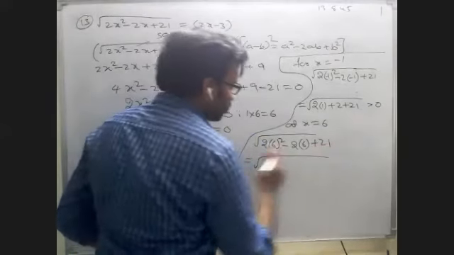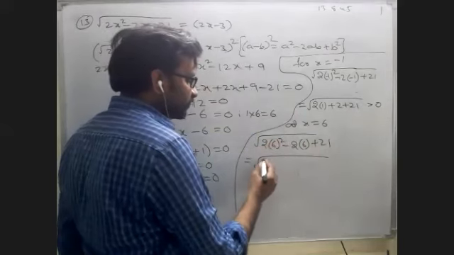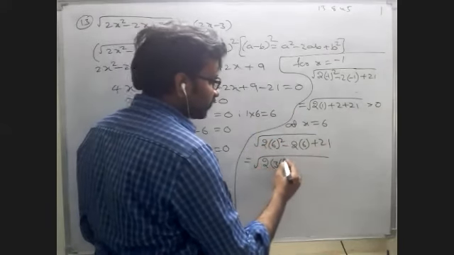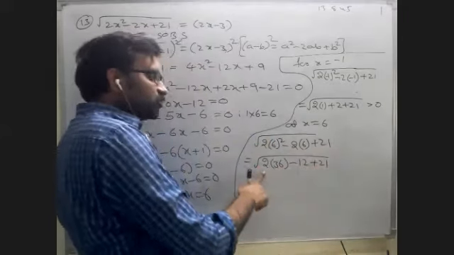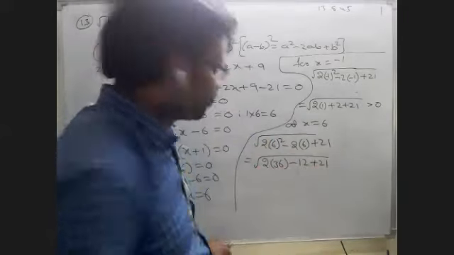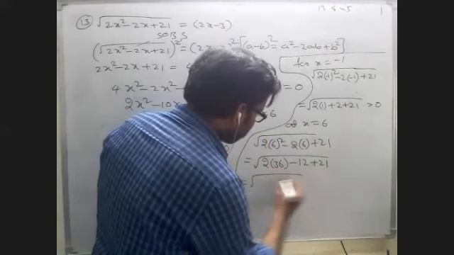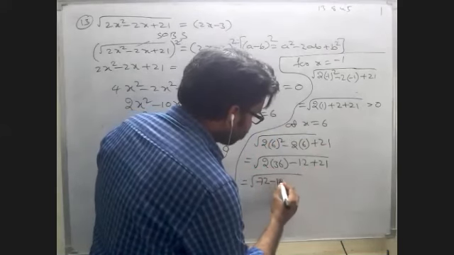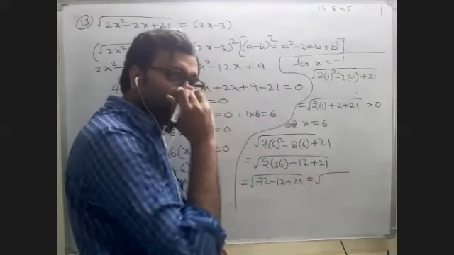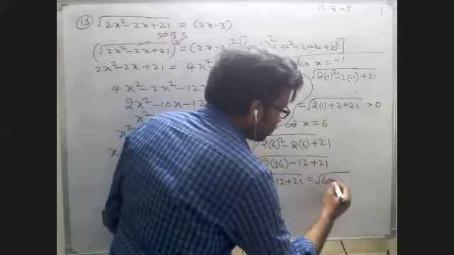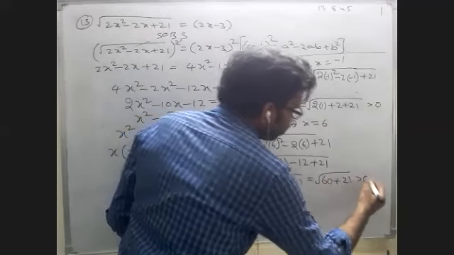This is equal to root over 2 into 36 minus 2 into 6, which is 12, plus 21. Now 36 twos are 72, root over 72 minus 12 plus 21. 72 minus 12 will be 60. 60 plus 21, which is also greater than 0.